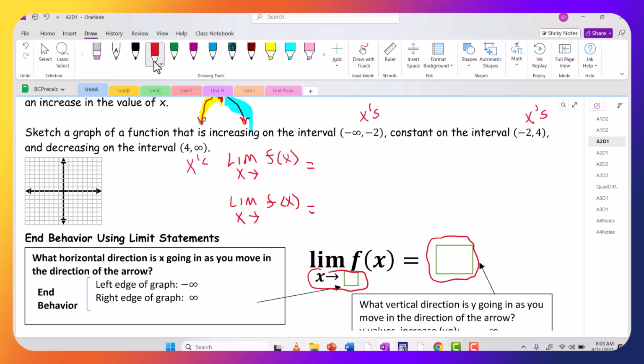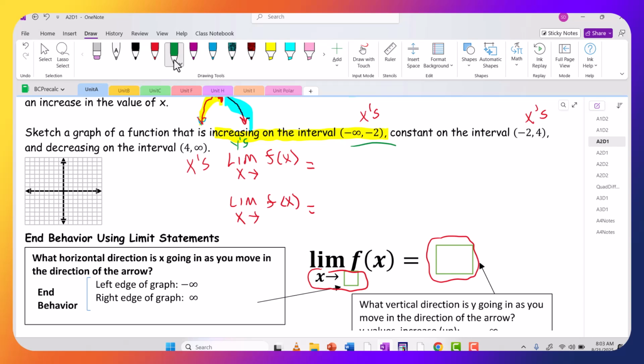So these are the inputs. So from these inputs, I want outputs that are doing this. So that is increasing on the interval this. So I need a graph that shows increasing behavior. The increasing is describing the Y's. So I want you to understand that as well. These words are describing what the Y's are doing when I input these X's.